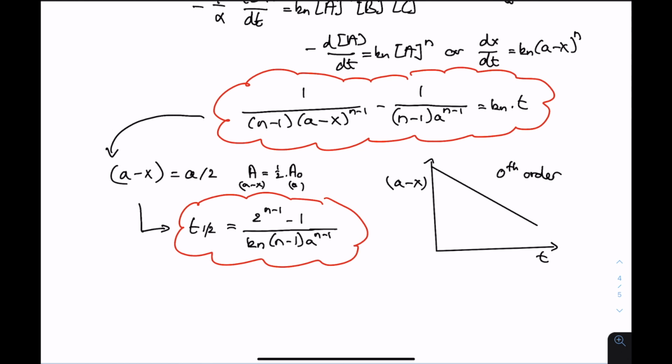I told you before that when you reach this half concentration, you have T half. And for zeroth order, that is actually the same as tau. So that's nice and easy.